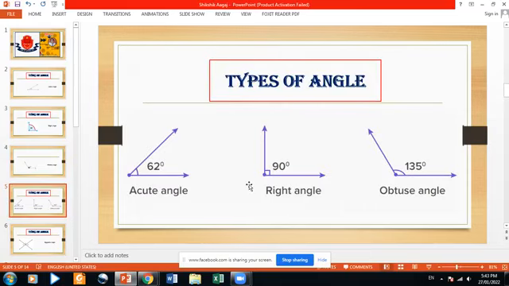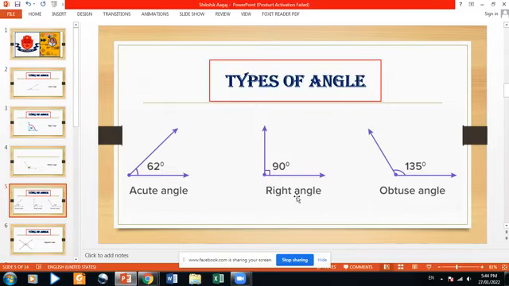So, here I gave a little exercise to my dear students. We can see the measurement of this first angle is 62 degrees, which is less than 90 degrees. So, this is an acute angle.